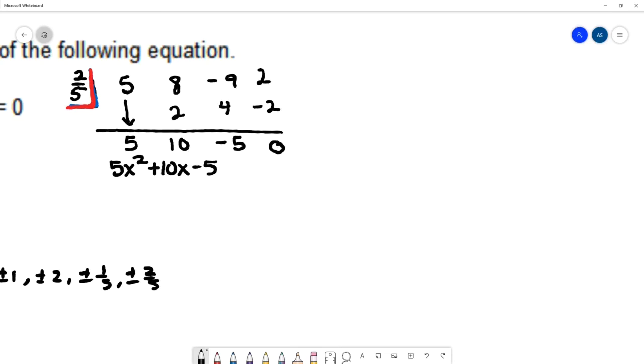So if we have a 0 of 2/5, that means that we have a factor of x minus 2/5. And so I'm going to divide using long division, and I'm going to show you how they're very similar to each other.